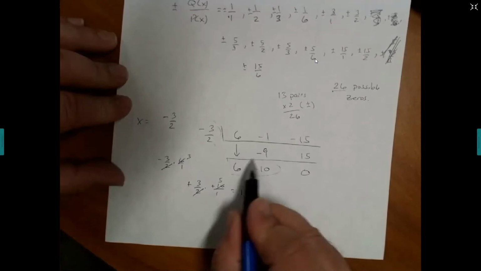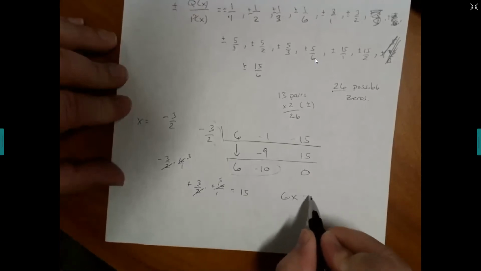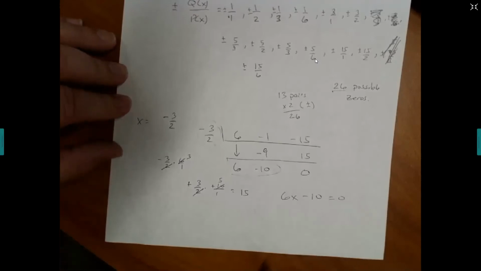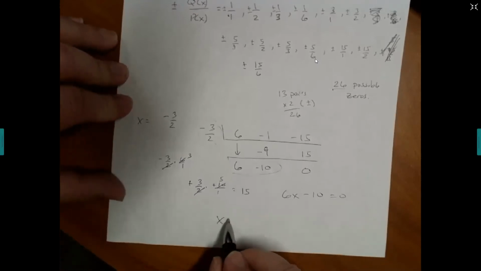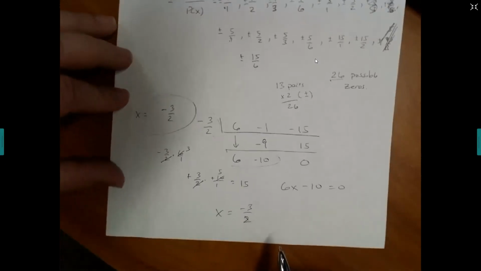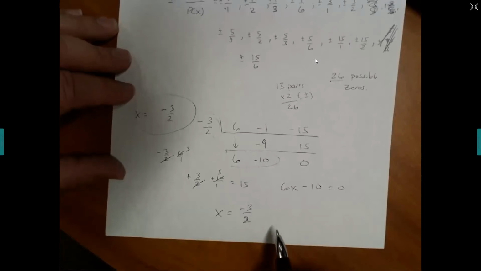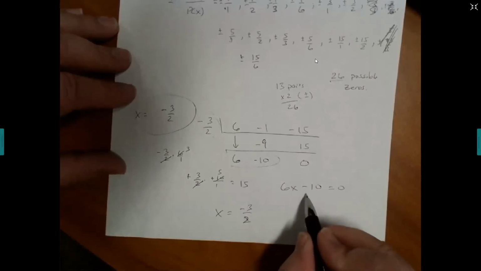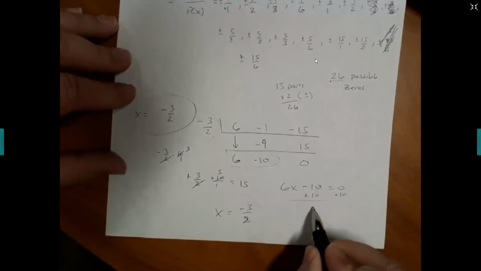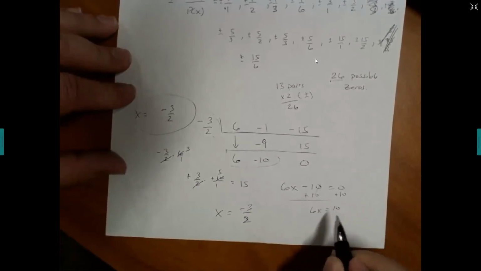Well, the last part's going to be 6x minus 10. Since that's a linear equation, set it equal to 0. We know for sure that this is an answer. And what's our second answer? 5/3.